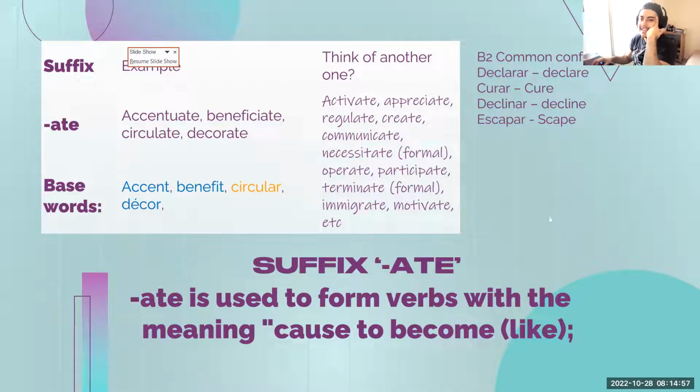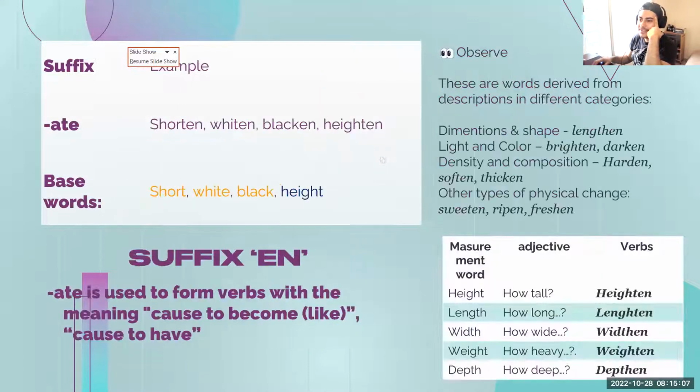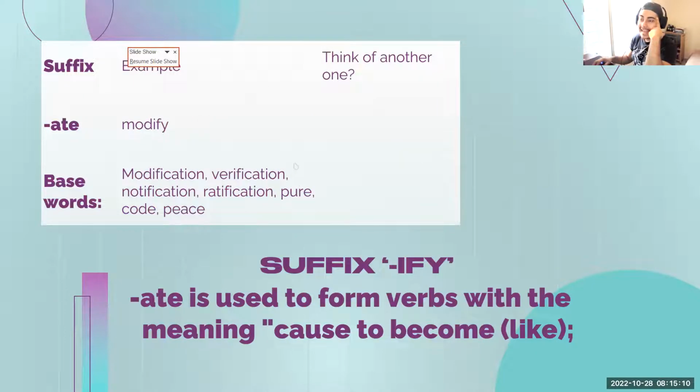Declarar, curar, declinar. Activar, regular, necesitar. So we have activate, regulate, necessitate. So when we think in the word modificar, it's very probable that we will say modificate. This is a very common B2 confusion.